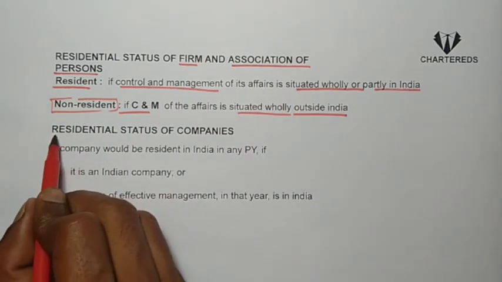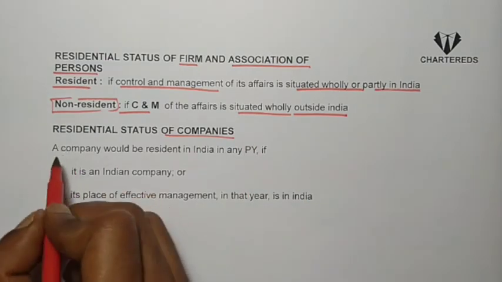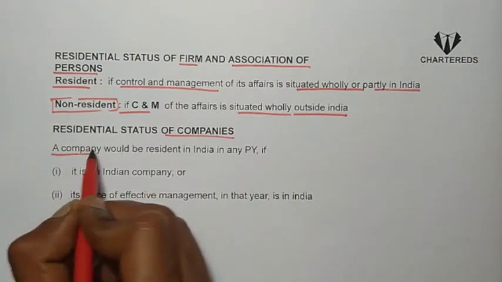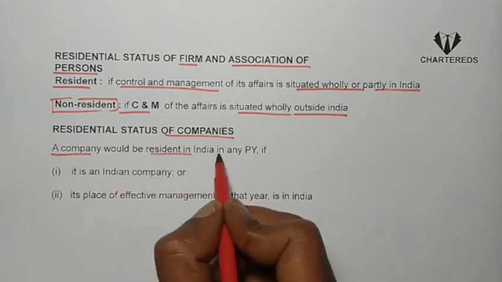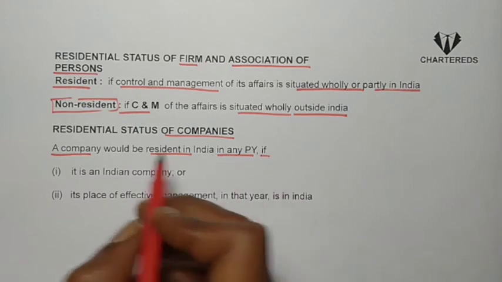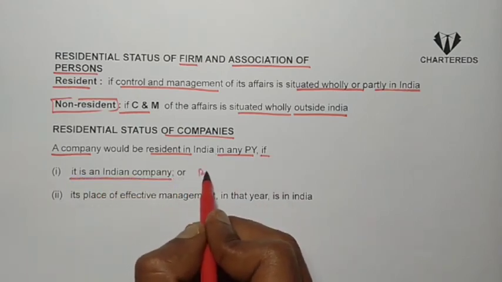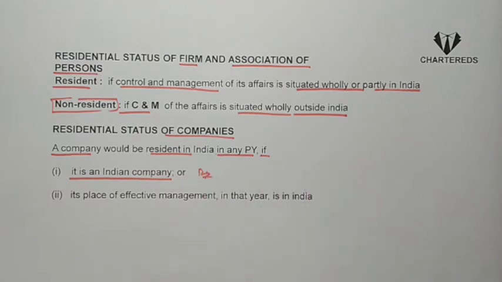Residential status of companies. A company would be resident in India in any previous year if it is an Indian company. Automatically it will be resident. Or if its place of effective management in that year is in India.